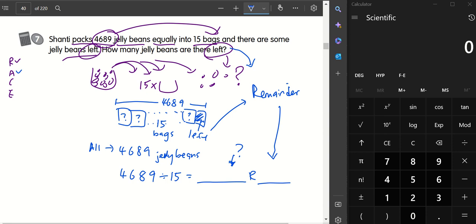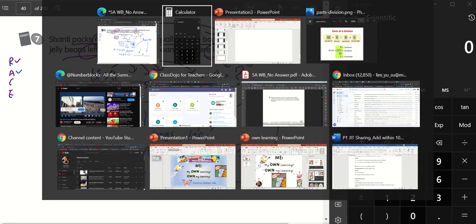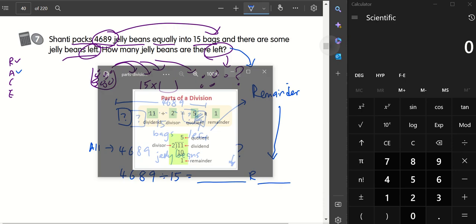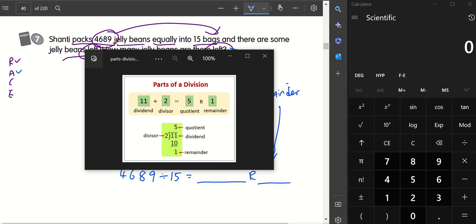At this point of time, I would love to share with you this picture. Take a quick look. You have this division equation, 11 divided by 2 equals 5 remainder 1. By now most of us are able to do that, right? So if I put it in a jelly beans story, 11 jelly beans divided into, just now, 15 bags. Which one is representing the bags in this equation?